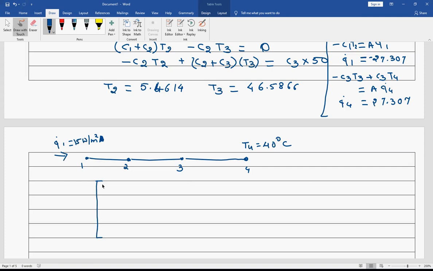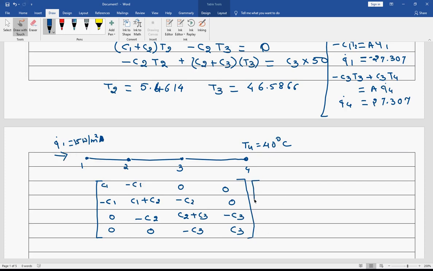It is 4 by 4: C1, minus C1, 0, 0; minus C1, C1 plus C2, minus C2, 0; 0, minus C2, C2 plus C3, minus C3; 0, 0, minus C3, C3.